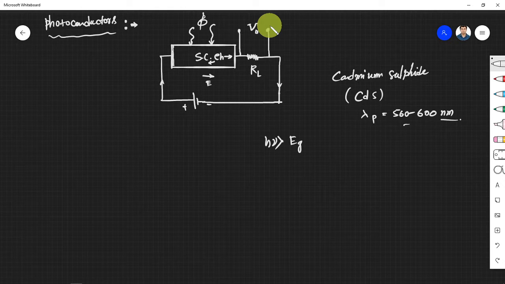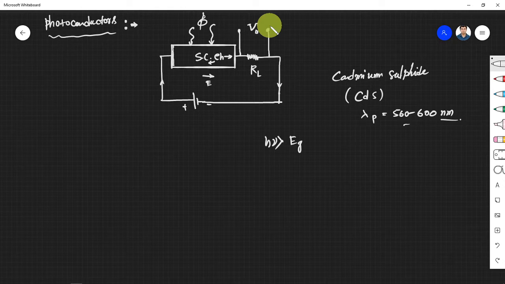So you can detect photons. In the dark condition, this will have very high resistance, so the current will be very low across this circuit, so our V0 will be low.